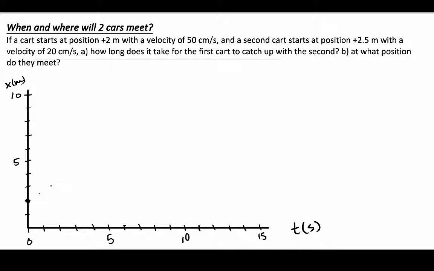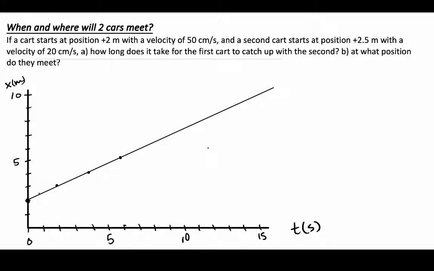At 2 seconds, so I'm going 50 centimeters or half a meter more per second. And so at 4 seconds, I should have gone 4 meters. And at 6 seconds, I should be at 5 meters. I'm getting a meter every 2 seconds. Okay, so I'm going to go ahead and draw my line for that.